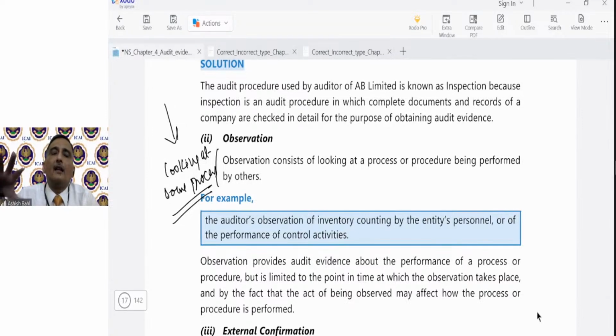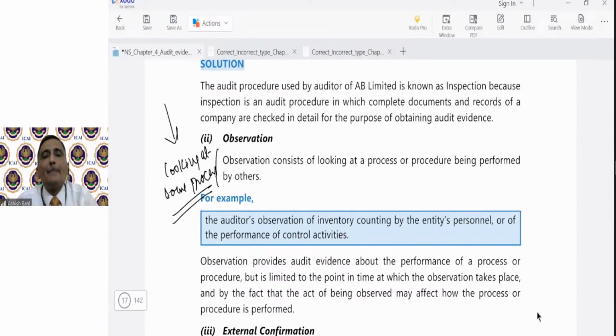So say we take the example, we carry forward the example of the inventory count. Say when the auditor is attending the inventory count and is seeing the inventory, then he is inspecting.